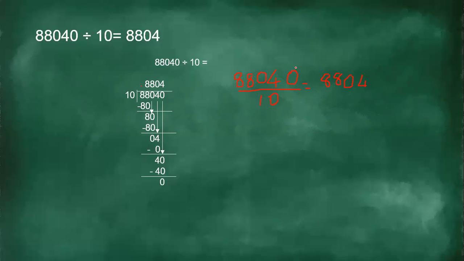So you divide by 10, so you say this 0 goes away, and you know anything divided by 1, remember, every fraction is a division. So anything divided by 1 is itself, which gives us 8,804. But both ways work, both ways get you the answer and both ways are acceptable. So thank you so much.